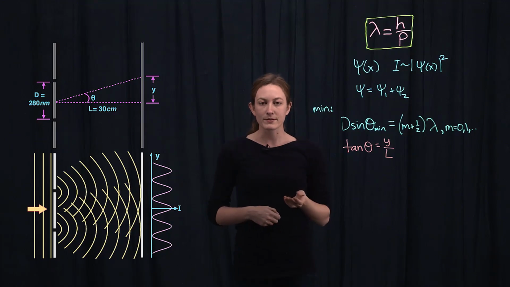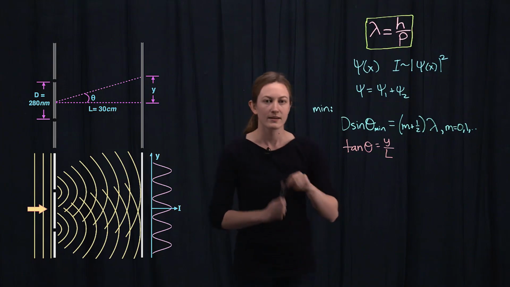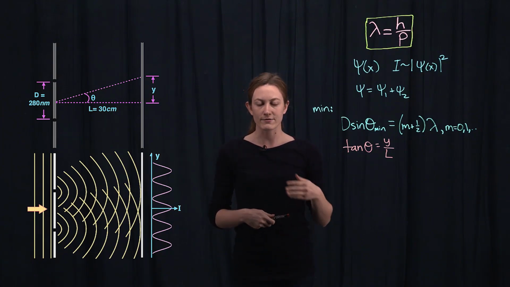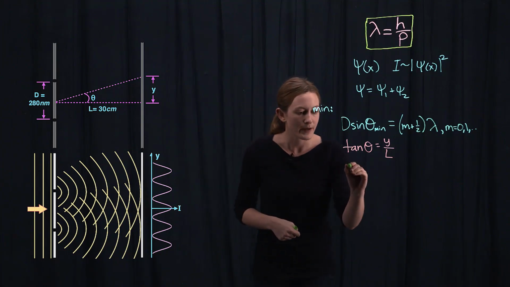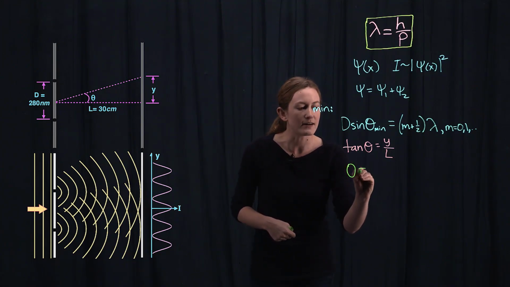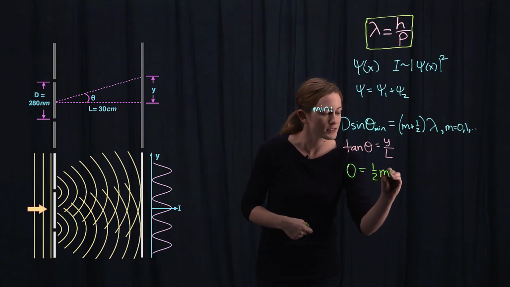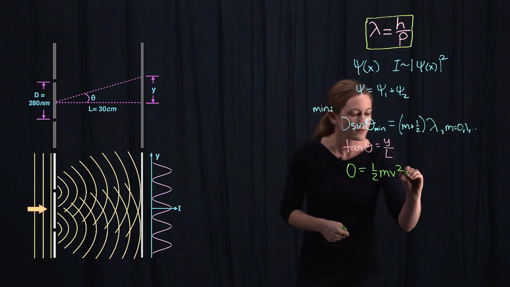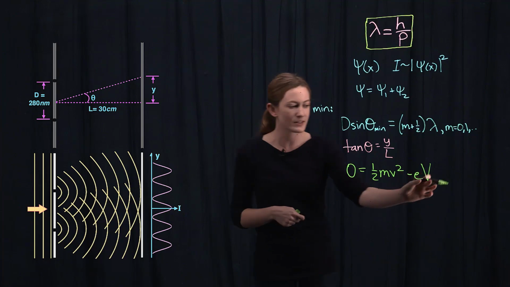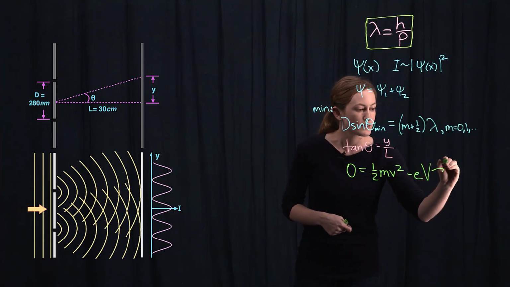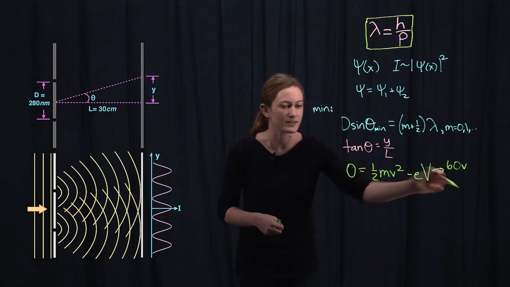We can get that by computing the momentum p of the electron from energy conservation. In particular, for an electron fired from rest and accelerated through a potential difference of 60 volts, by energy conservation, we have the initial energy is 0, and the final energy is the kinetic energy of the electron, plus the potential energy, which is minus e, the charge of the electron, times the voltage, for which we plug in 60 volts.